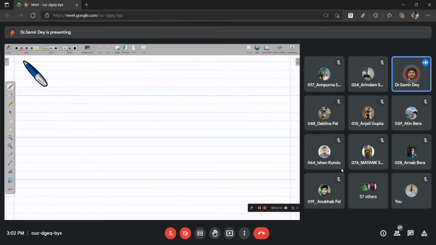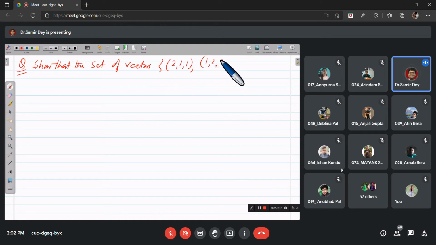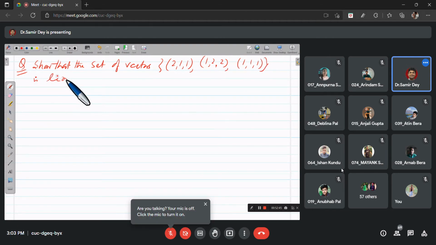Now listen carefully. Another interesting question. Show that the set of vectors (2,1,1), (1,2,2) and (1,1,1) is linearly dependent of R3.